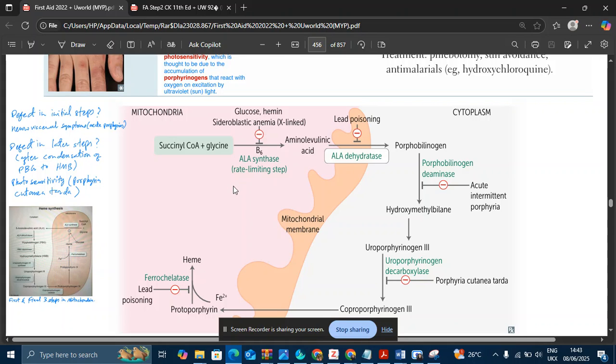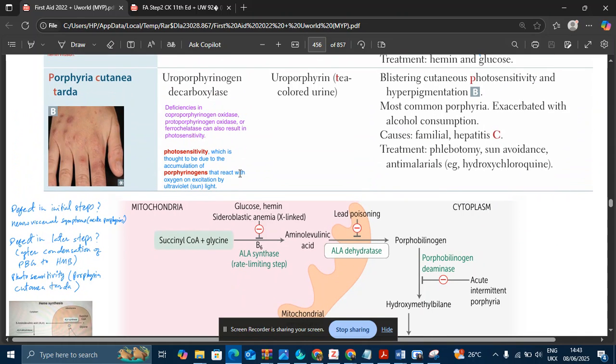Then third is sideroblastic anemia, and the fourth is anemia of chronic disease. These four diseases come in the category of defective heme synthesis, and defective globin chain synthesis includes thalassemia. All of these diseases cause microcytic anemia.